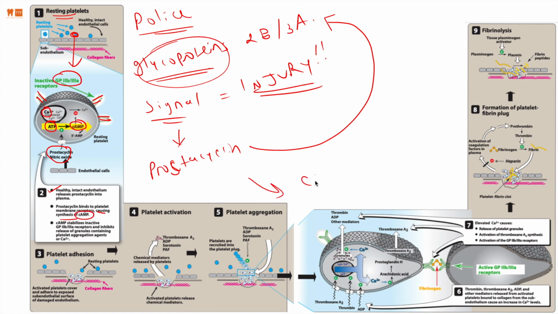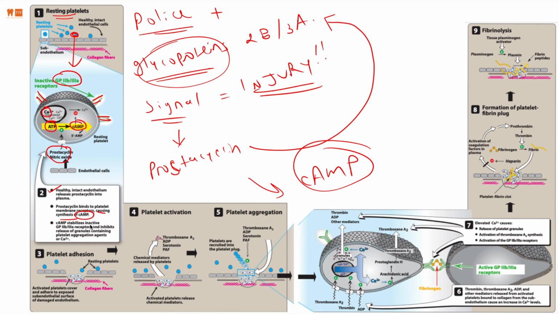Now, this important molecule here, cAMP, acts as an enzyme, right? It's basically artillery. All of these cops with the prostacyclin attaching to the sensors with the police, they add up and they come up with a defense mechanism called the cAMP. And the cAMP is your guns and bullets and bombs.